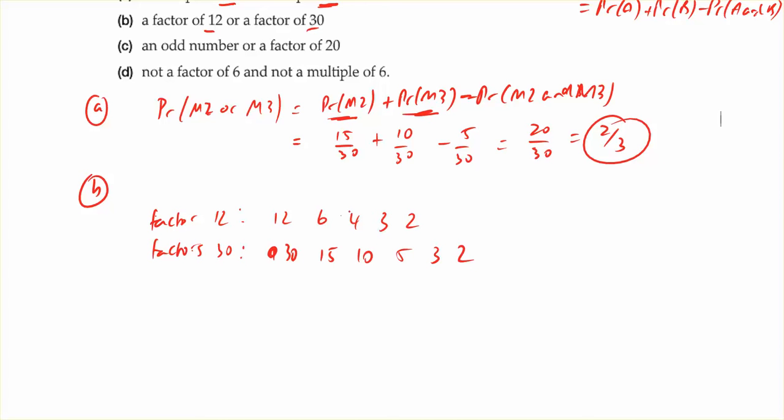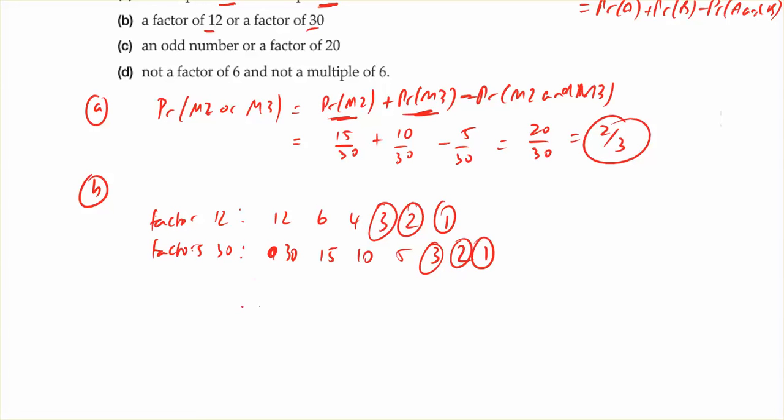1 is also a factor. Now we need to see what overlaps we have. So we have 3 overlapping, 2 overlapping, 1 overlapping. So I'm going to add these together and subtract any overlaps.